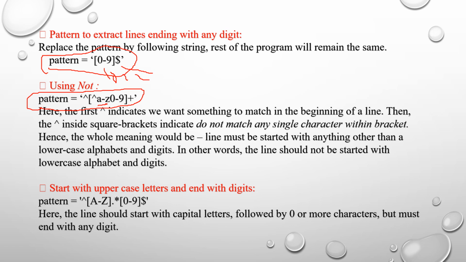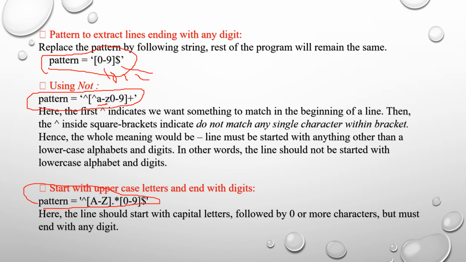If you want a line that starts with an uppercase letter and ends with a digit, this is the pattern: caret, A to Z uppercase, then dot star, then 0 to 9, dollar.